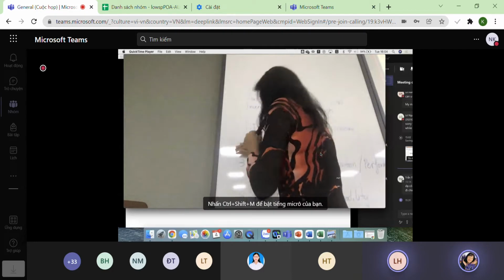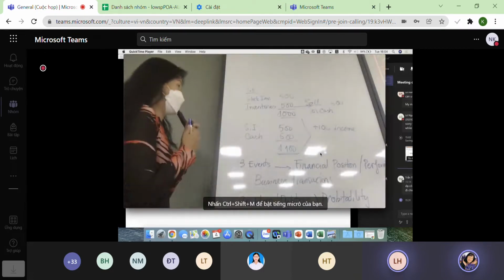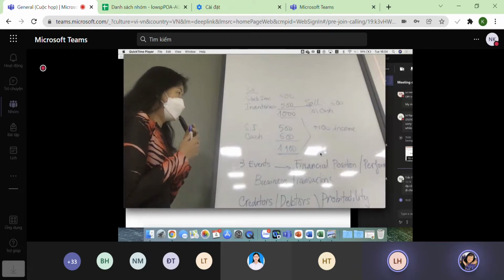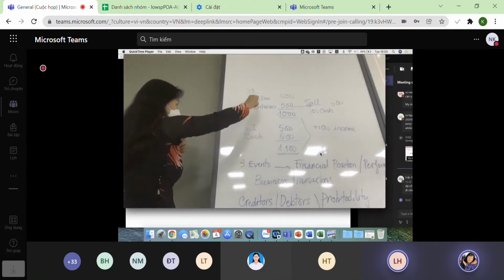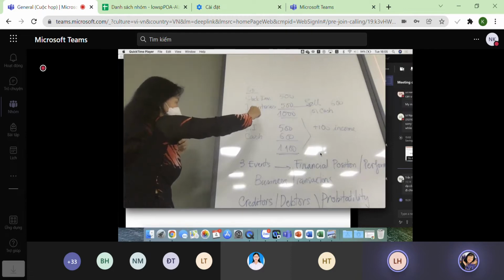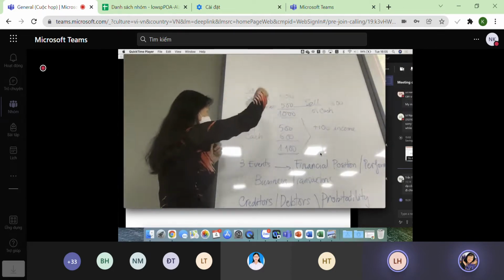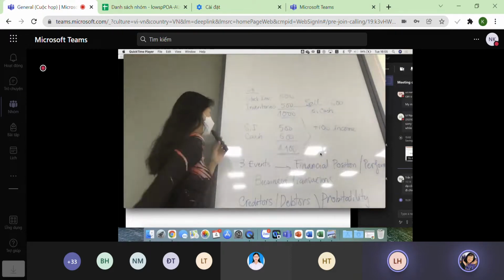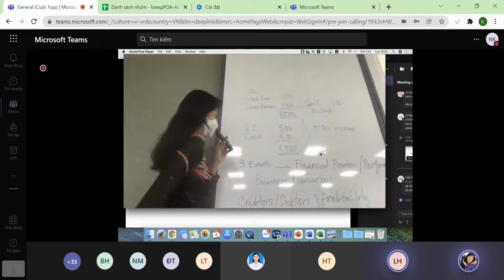Here, back to our example from group number 3. At first, we have the capital invested in stock investment and inventory, and then after we sell all of the inventory to the customer, we receive cash of 600.